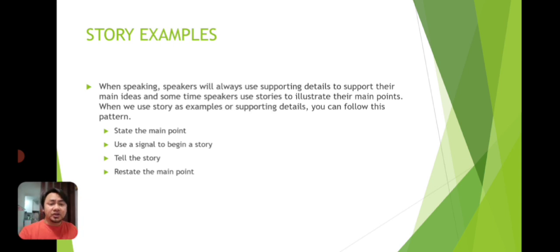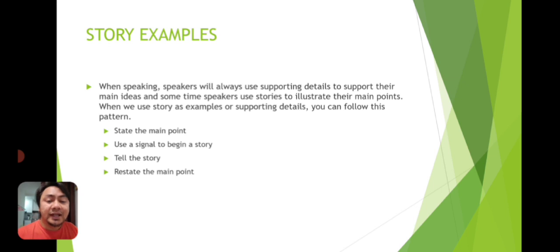So simple. A story example is when we support our main point with a story. There is one particular pattern that is suggested: state the main point, use a signal to begin a story, then tell the story, and then restate the main point.